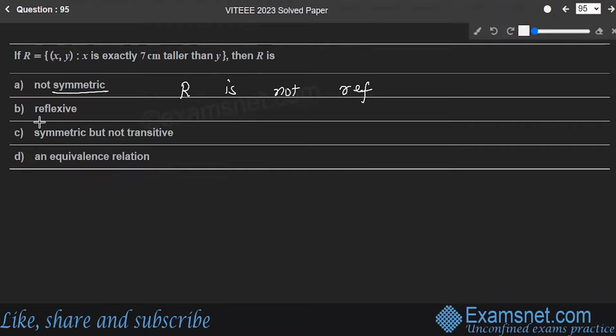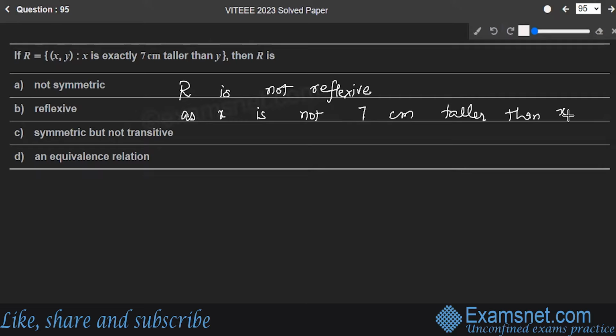The options are symmetric, reflexive, symmetric but non-transitive, or equivalence relation. So if I'm looking at R from that point of view, R is not reflexive, as X is not 7 centimeter taller than X.